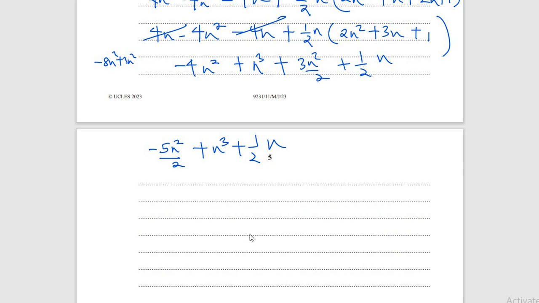So when you bring the n out, we have n into bracket, n squared minus 5 over 2n plus half.